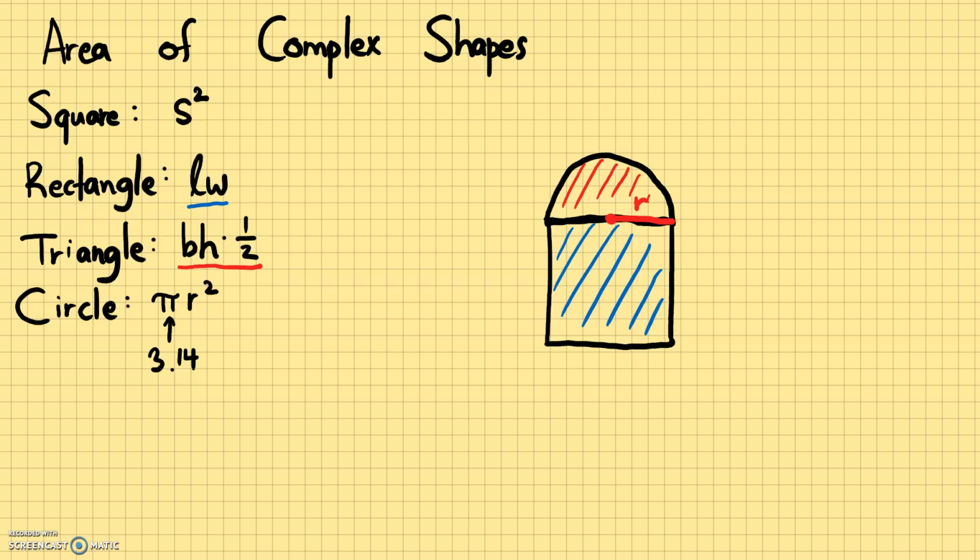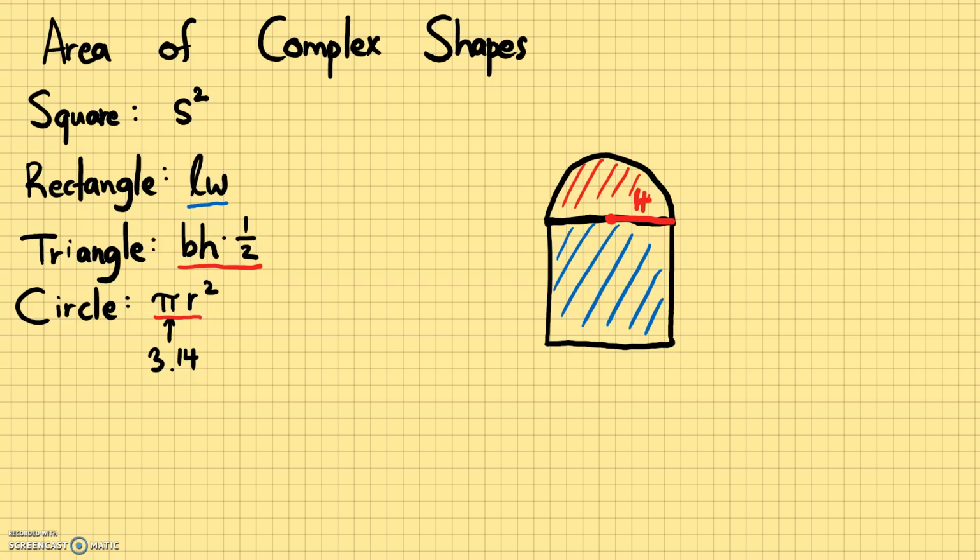Okay, so let's start with the circle part. So if you look at the area of a circle, it's pi times r squared, right? Let's use a number instead of an r here. So let's say that r is 4.